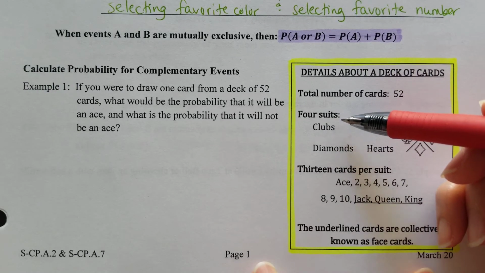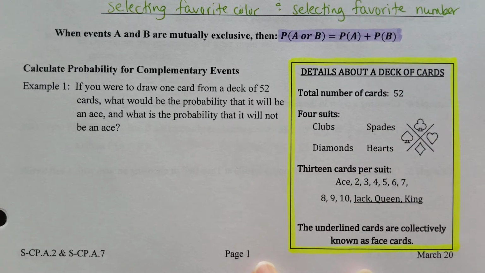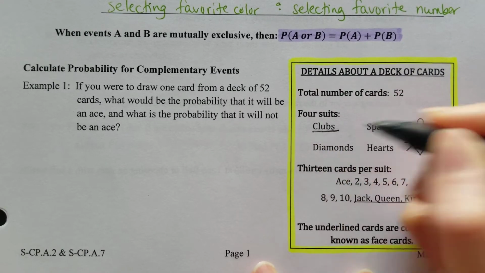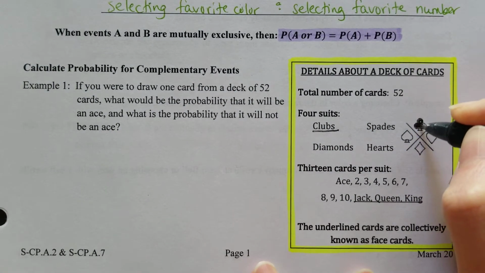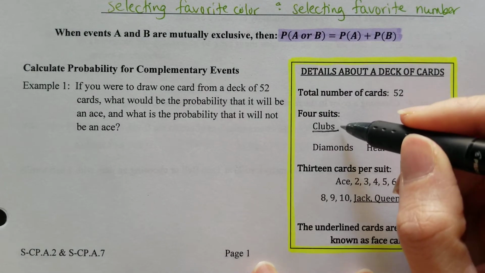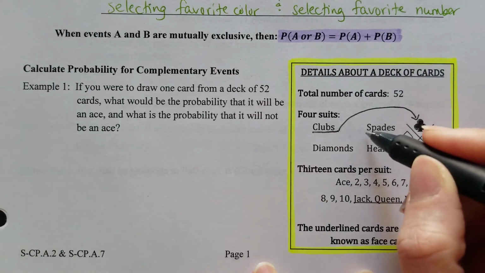The 4 suits are clubs, and clubs are a black suit. And those are going to be this one right here. Kind of looks like almost like a shamrock. Let me see if I can draw a little arrow here. And then we also have spades.